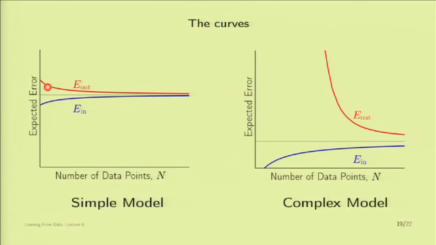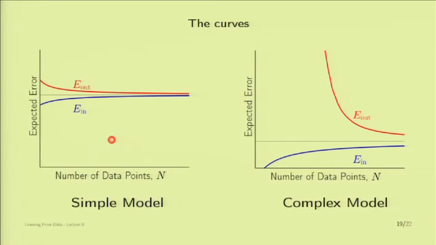This would be that area here. So whether you are taking the difference between the blue and red curve or the difference between the red curve and the black line, that area is smaller here than here. Therefore, the simple model is better as far as the generalization is concerned.